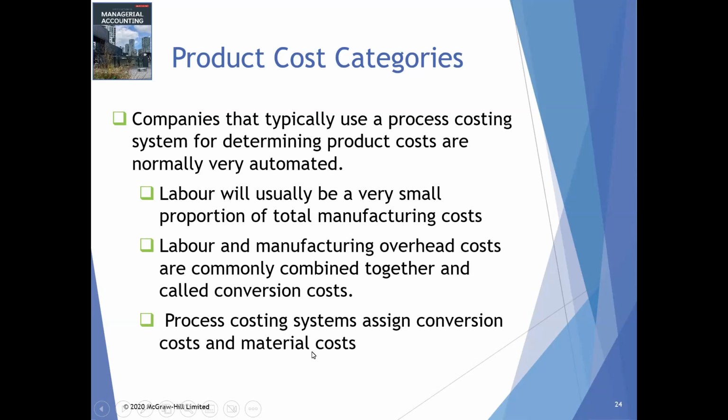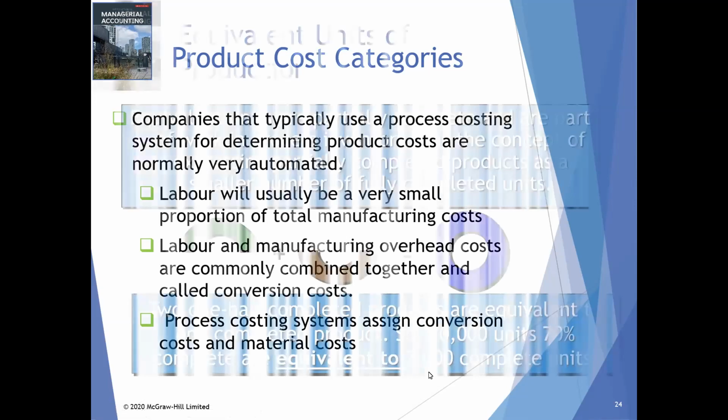It means there will be two costings: one will be the conversion cost, and the second will be material. Just like direct material, and the conversion is direct labor and manufacturing overhead. That is known as conversion cost in the process costing system.